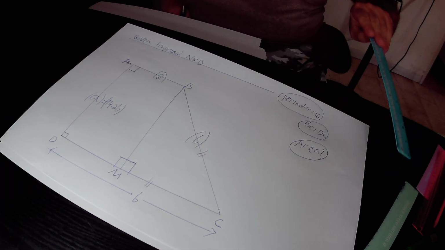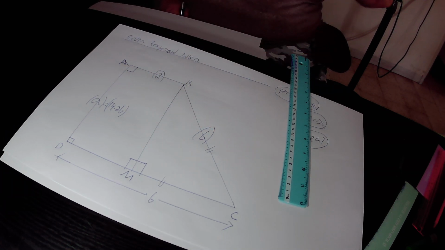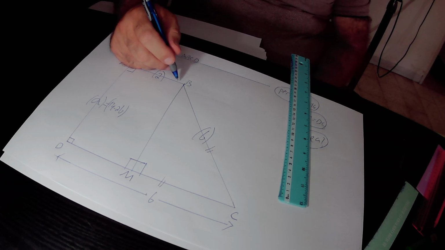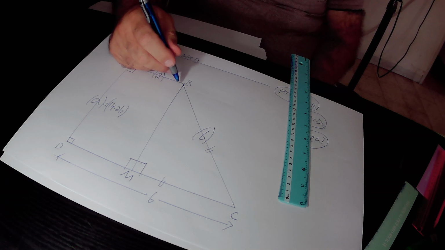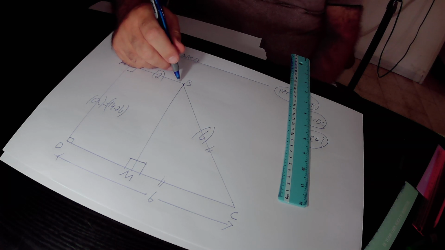Inside this quadrilateral ABMD, we have 1, 2, 3 right angles. The sum of 3 right angles is 270 degrees, so 270 degrees plus the size of this fourth angle, in total, must be equal to 360 degrees, according to the rule that the sum of the angles in any quadrilateral is equal to 360 degrees.